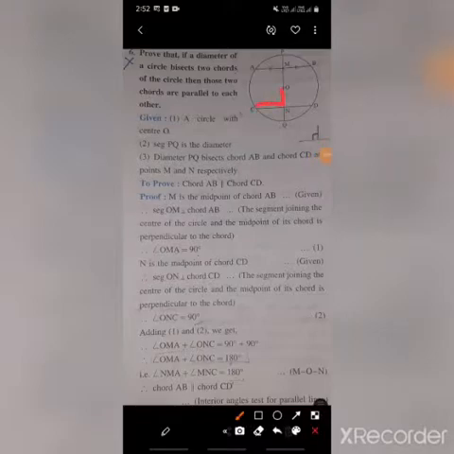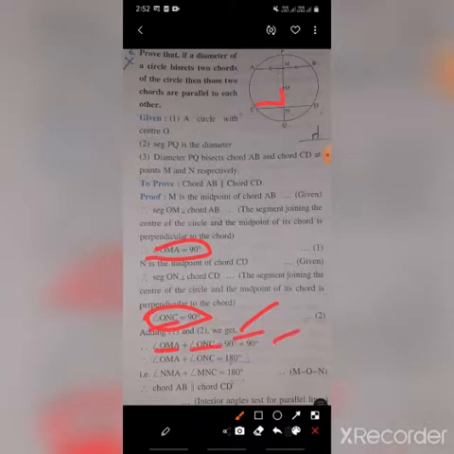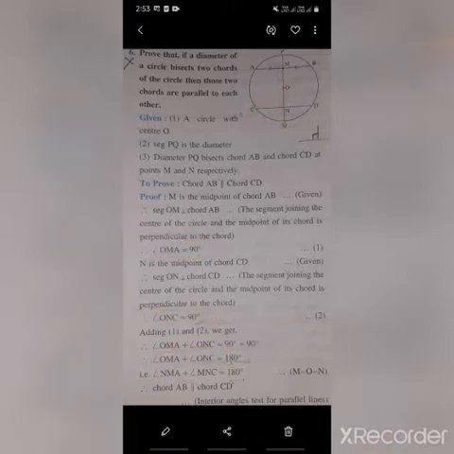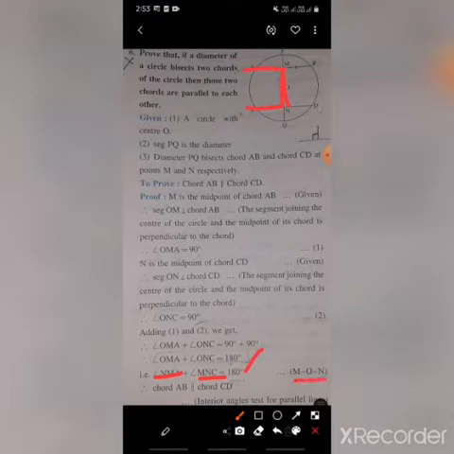So adding first and second, angle OMA and angle ONC, 90 plus 90, is 180 degrees. So that is angle NMA and angle MNC, that is 180 degrees. Then chord AB is parallel to CD, by the interior angles test of parallel lines.